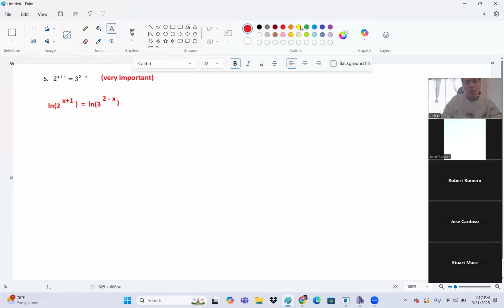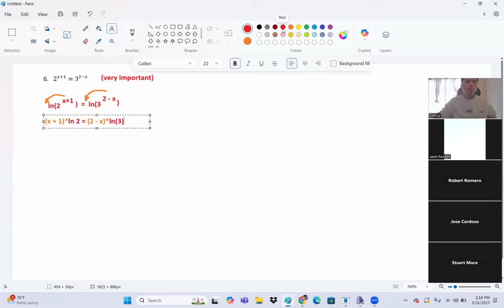And then afterward, we're going to move the base to the front. I'm sorry, move the exponent to the front. So that becomes x plus 1 times ln 2 equal to 2 minus x times ln 3.